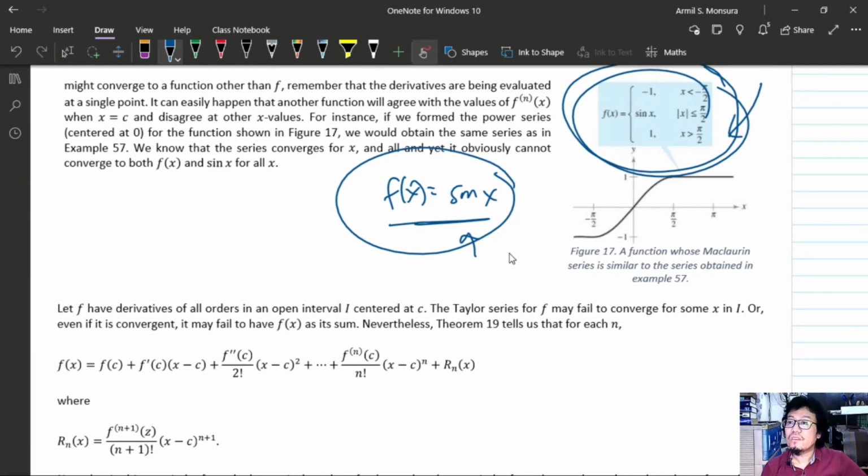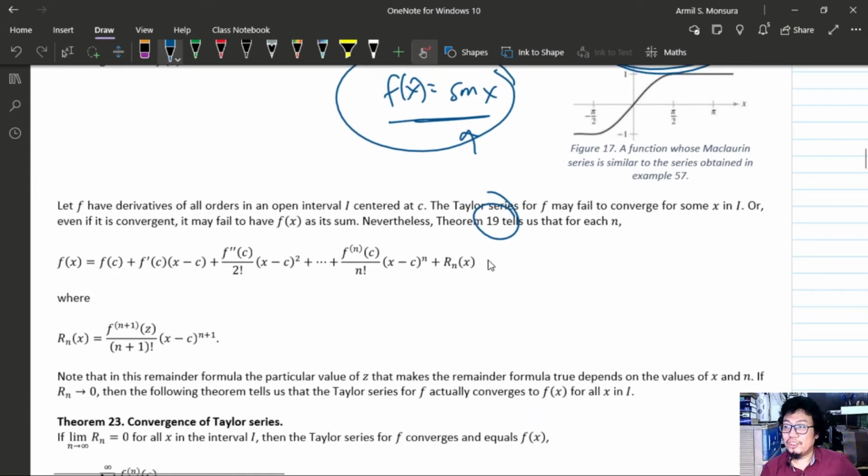How do we now tell? We can use the remainder theorem of Taylor's theorem. I forgot what theorem number it is. But it's theorem 19. So theorem 19, Taylor's theorem, tells us about the remainder, which writes the remainder in the Lagrange form.